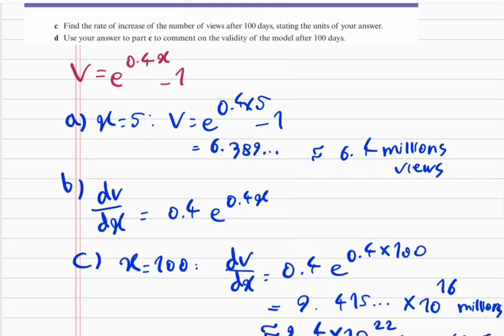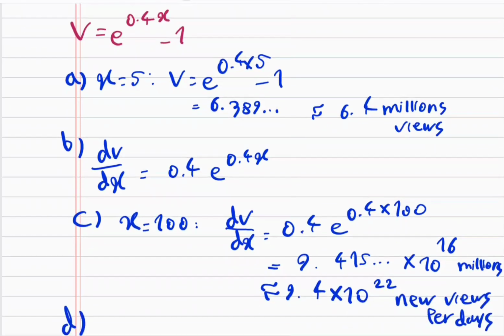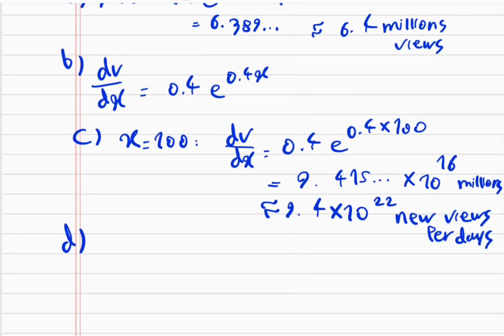And in part D, we want to use the answer to part C to comment on the validity of the model after 100 days. Now, obviously, this number is just too big. So it's much bigger than the population of the whole world. And it's not really valid after 100 days. So it doesn't quite make sense. It's just too large.